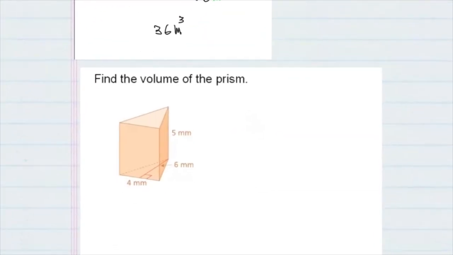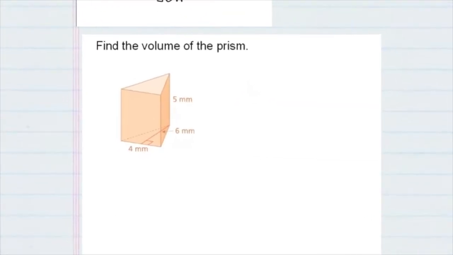Moving on to the next one. Similar problem: we still have the volume of a prism, but it's not a rectangular prism. In this case, it's a triangular prism. Our generic formula doesn't change. We're still doing the area of the base times the height.